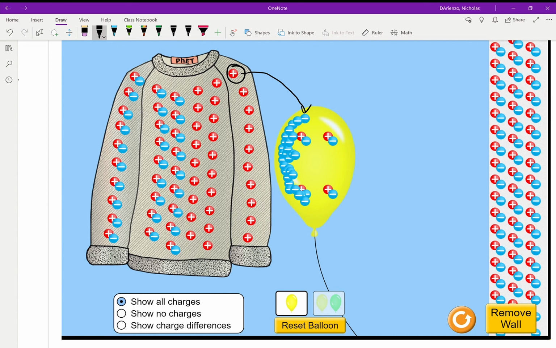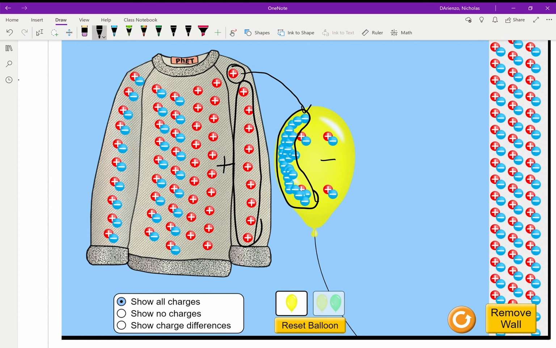Since there is a greater amount of electrons gathered here, this balloon is going to have an overall negative charge. And the sweater looks like it's cut in half here between positive and negative. We have a greater collection of positive charges here, so the sweater is going to have an overall net positive charge.